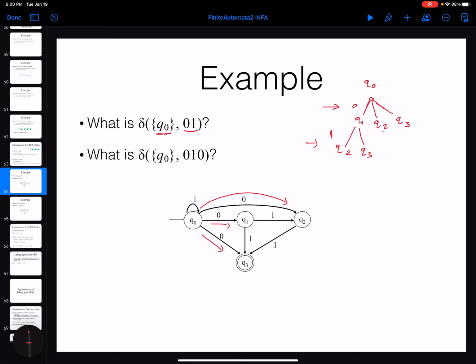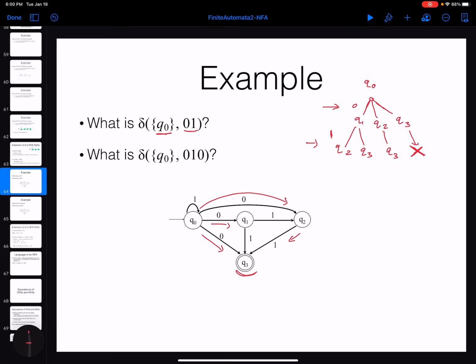From Q2, by reading a 1, there is only one transition, which ends up at Q3. At Q3, by reading a 1, there is no transition, so this path stops here.